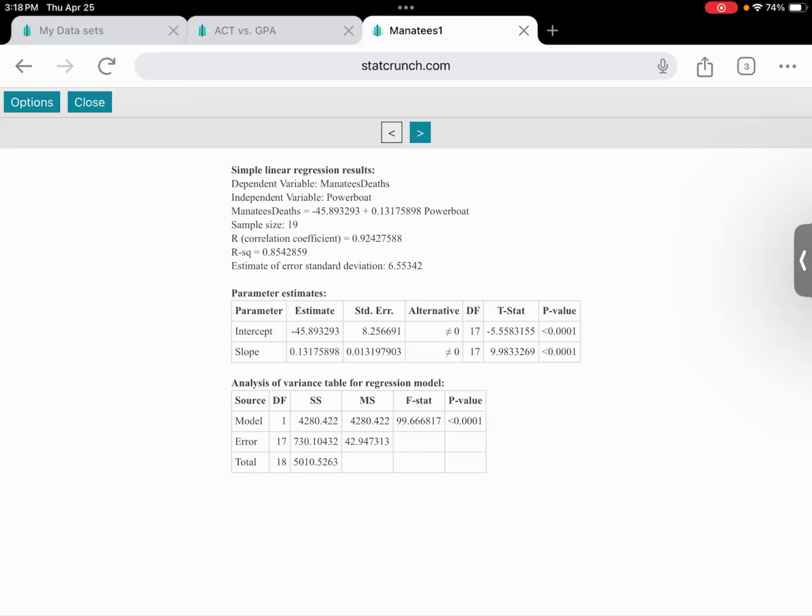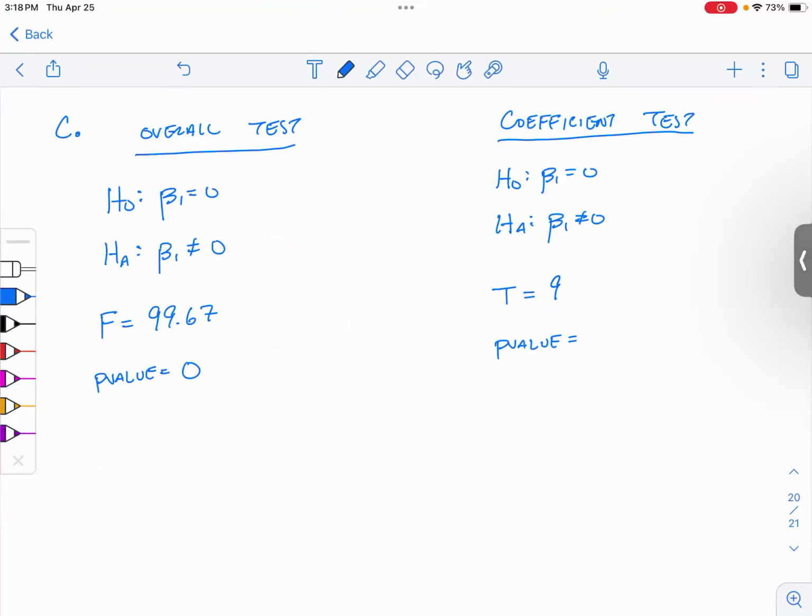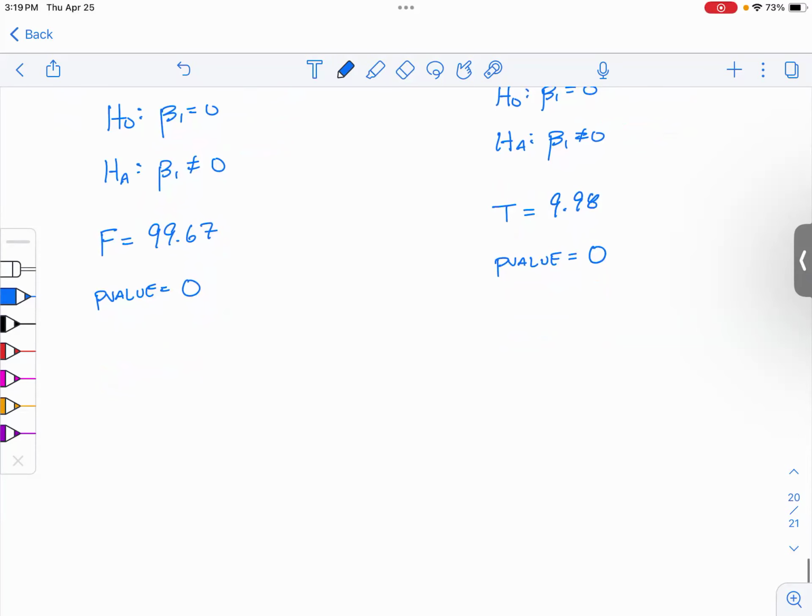So the t-stat here is 9.98 with a p-value of 0. That is the only difference. The p-values are the same, which means our conclusions are going to be the same for both of them. So we're just going to write the conclusions once.